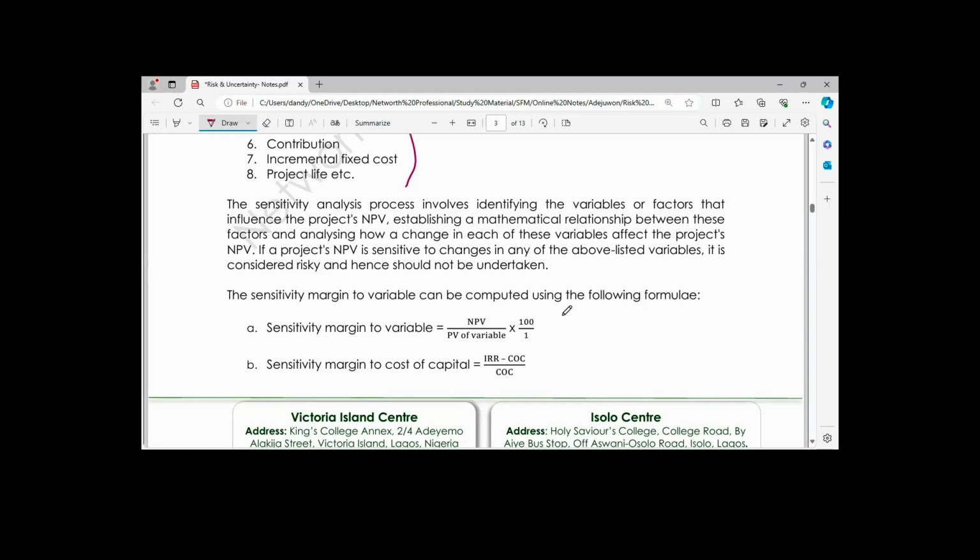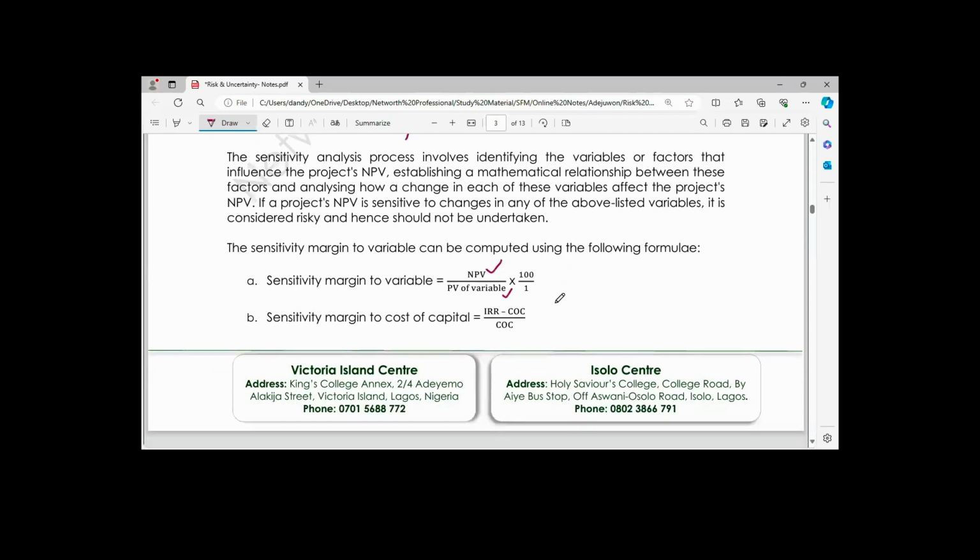Okay, we are going to divide NPV by the PV of the variable. We multiply by 100%. However, if you want to calculate sensitivity margin of cost of capital, it's simply internal rate of return minus cost of capital, divided by cost of capital, multiplied by 100/1.